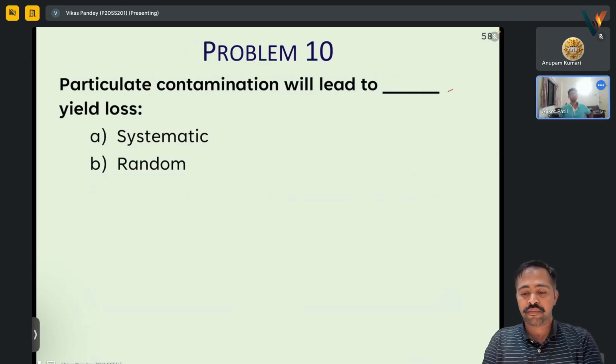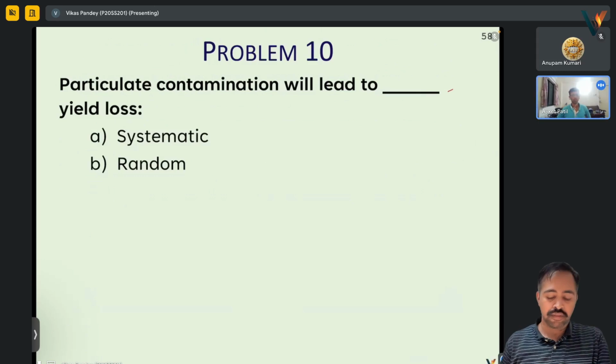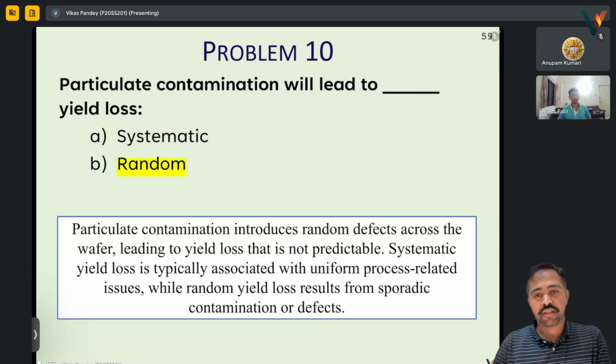Random yield loss, because where the particulate falls on the die, we are not controlling. That is why it can lead to random yield loss.